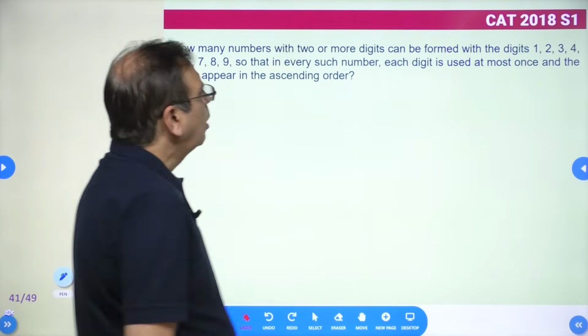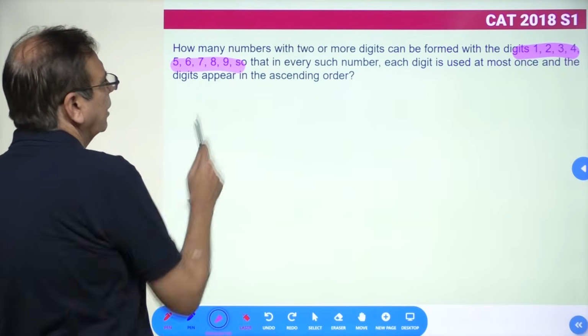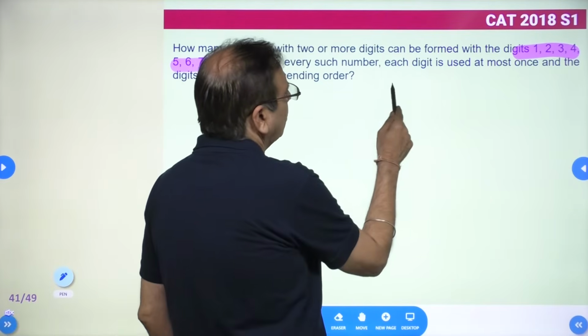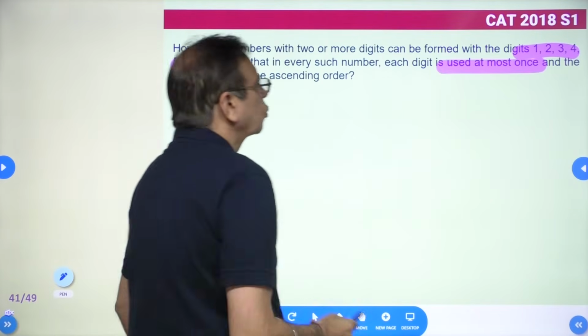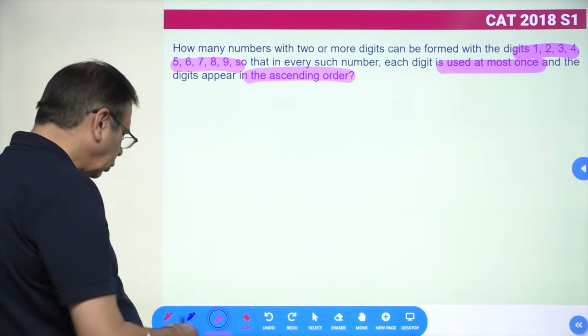How many numbers with 2 or more digits can be formed with the digits 1, 2, 3, 4, 5, 6, 7, 8, 9, so that in every such number, each digit is used at most once, and the digits appear in ascending order. Okay, digits have to appear in ascending order.